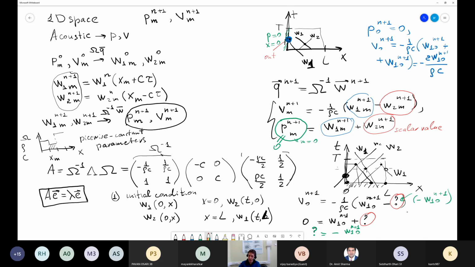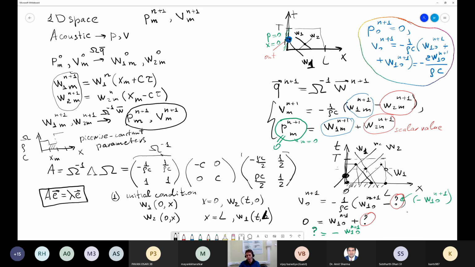This is the final answer. We know how to deal with some internal points using this algorithm, and now we know how to deal with the left boundary.